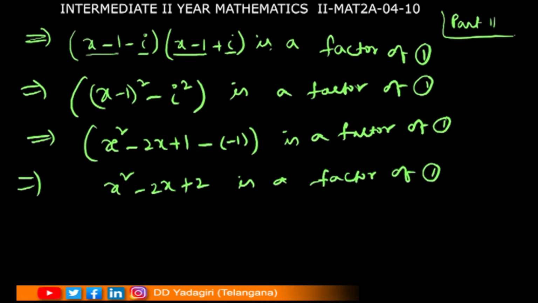So, let us use synthetic division now. What is the value of p from here? If you compare this with x square minus px minus q, the coefficient of x is minus p. So, p is 2 and q is minus 2. Is it not? The constant here is minus q, the constant here is plus 2, so q is equal to minus 2. Now let us do synthetic division, which we have learned, no?